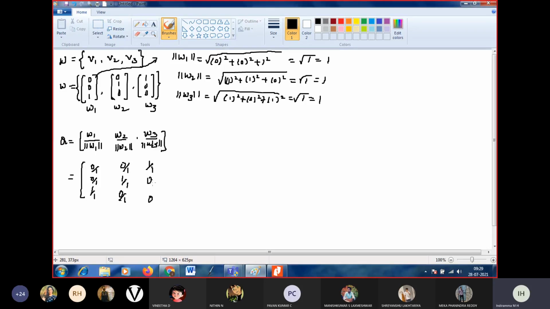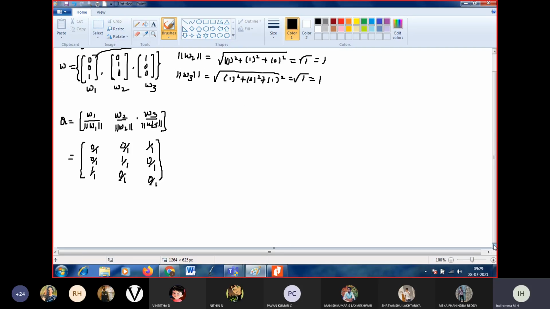Divide by its norm, divide by 1, 1, 1. Okay, next, Q. Therefore, Q is obtained as 0, 0, 1, 0, 1, 0, 1, 0, 0. Is it right, Q?